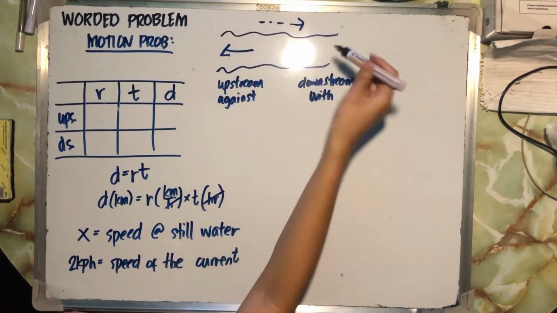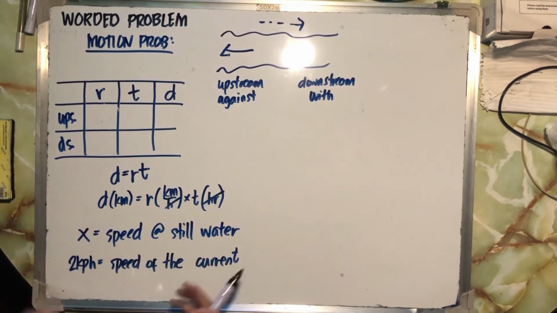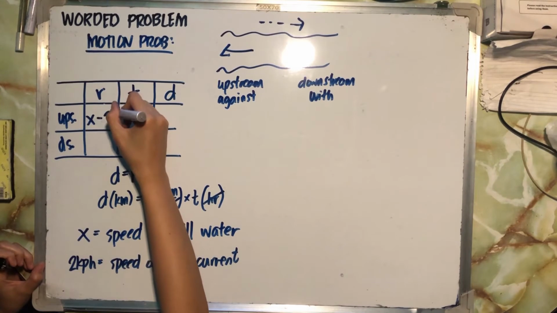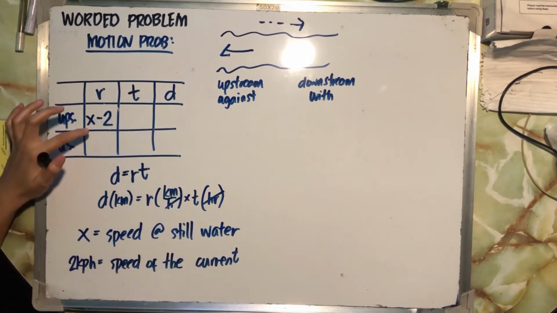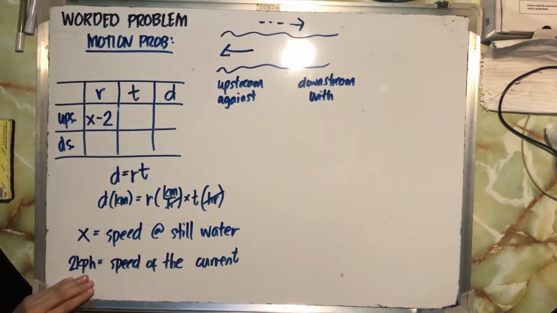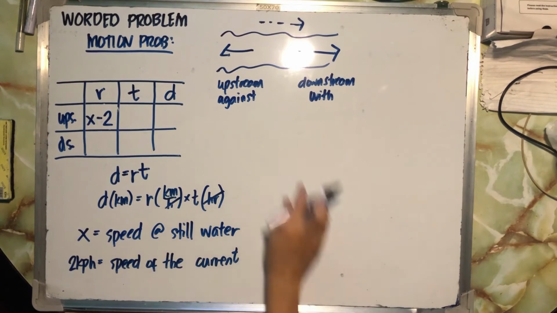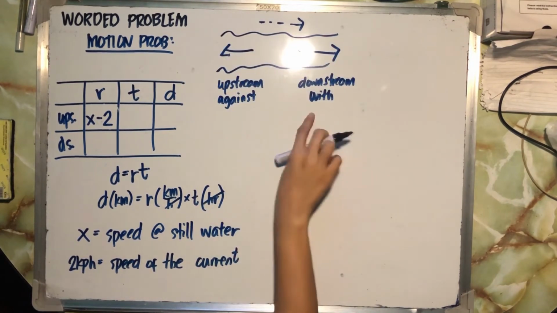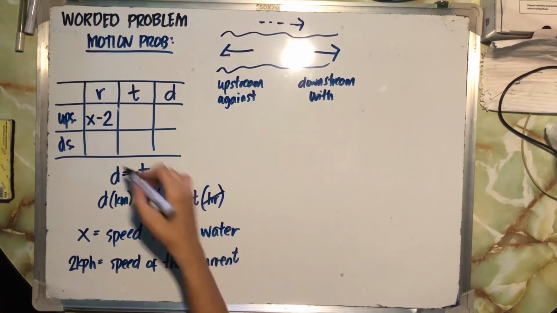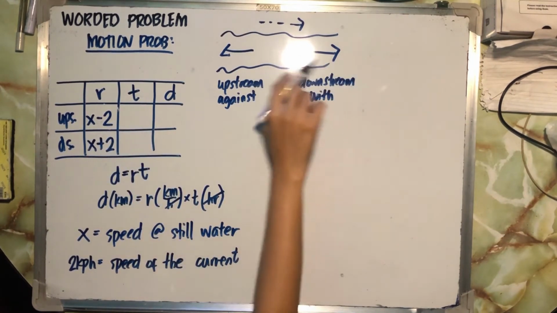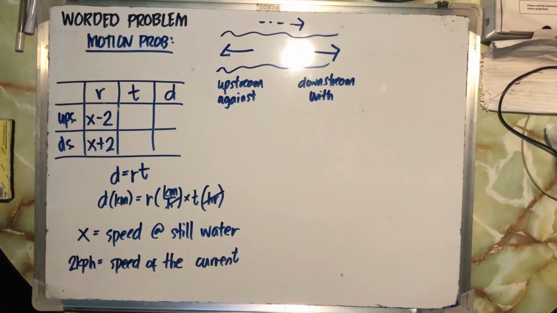Papunta dito yung agos, pero papunta ka dyan, so nagma-minus yung effect ng inyong speed. Therefore, we can write the rate as x minus 2. X, the speed of the boat, minus the speed of the current. Consequently, sa downstream naman, papunta dito ang iyong boat. So, you are going with the current. And that would mean mag-add up yung speed. So, mabilis ka na, mas pinapabilis ka pa ng agos.